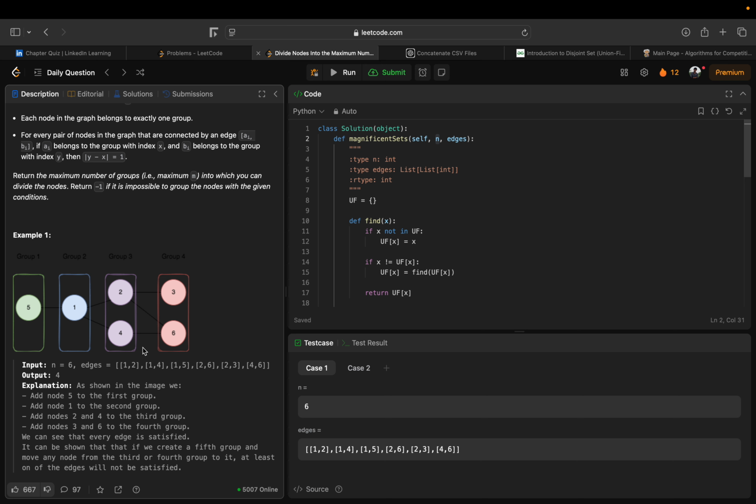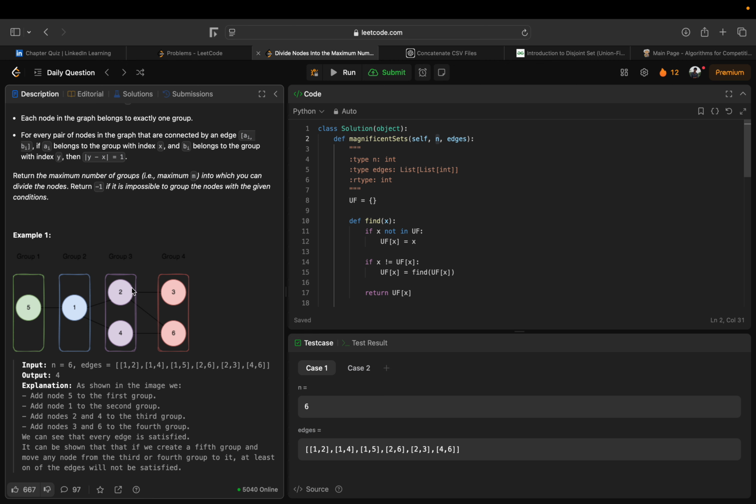I hope you understand the question well, so let me explain again. We are given a graph with n nodes, starting from 1 to n. So there are 6 nodes, and we are given the edges. Edges represent the connections between the nodes. Now we have to divide the graph into m possible groups, such that one node always belongs to one group, and connecting nodes should always be in consecutive groups.